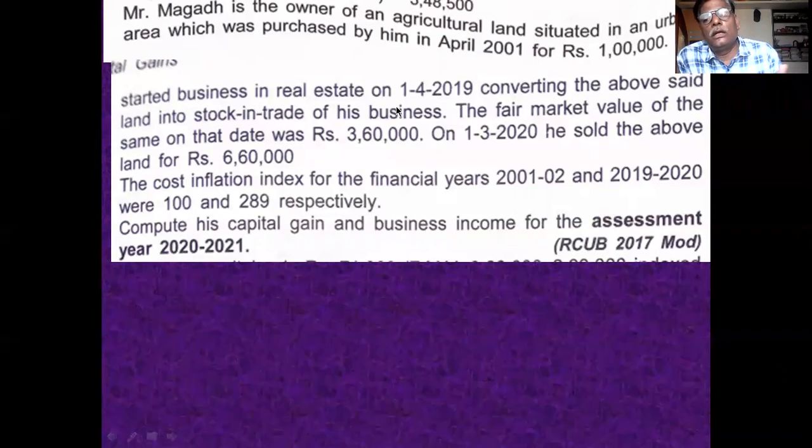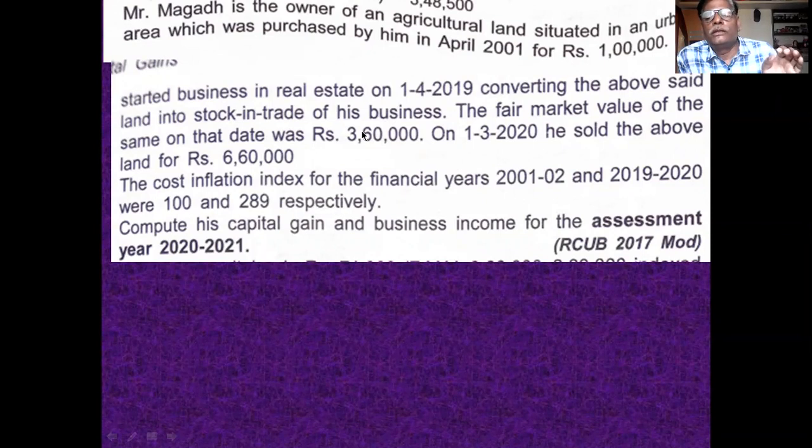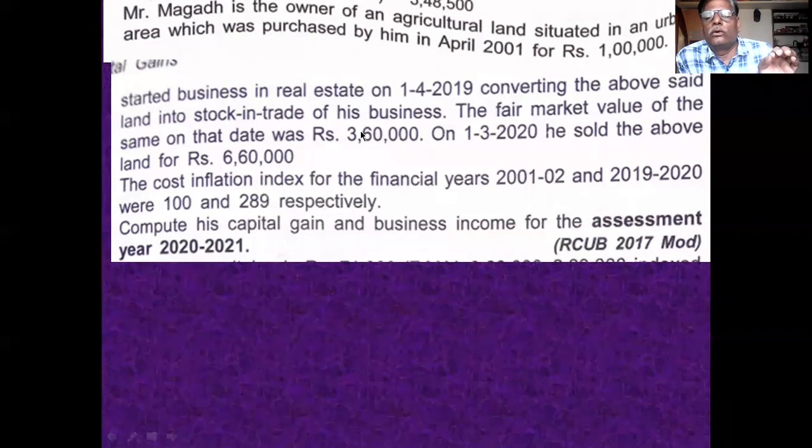Whenever he started the real estate business, goods. Goods means whatever you purchase and sell is called goods. You studied that. Goods means the product in which you are dealing. For a furniture shop, furniture is the goods.